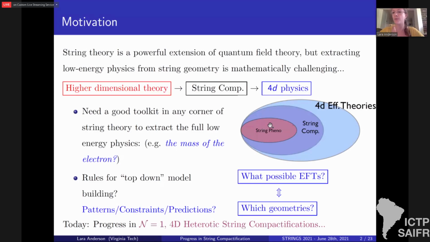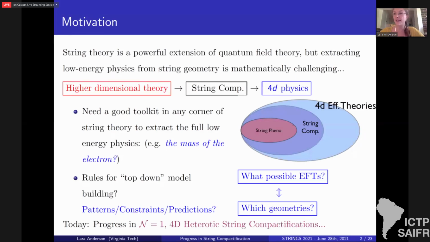If you have some field theories of interest, here I highlighted string Vino, but this could be any theories, gravitational or gauge, with properties you're interested in. The question is, how do you understand what subset of string dimensional reductions can actually lead to the physics you're interested in? And of course, that's an incredibly complex question where we replace which of possible effective field theories with which geometries in general.